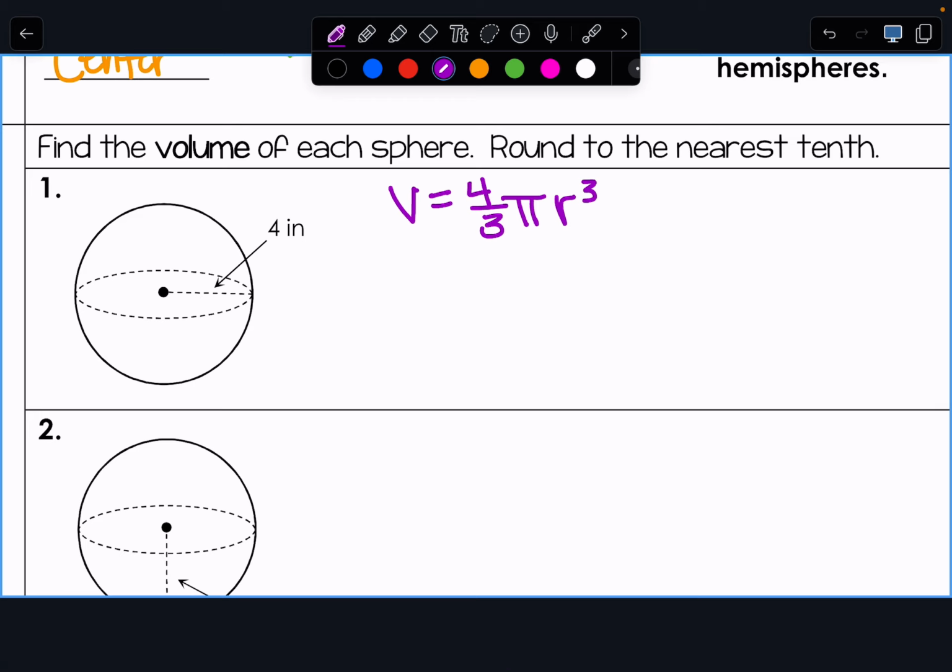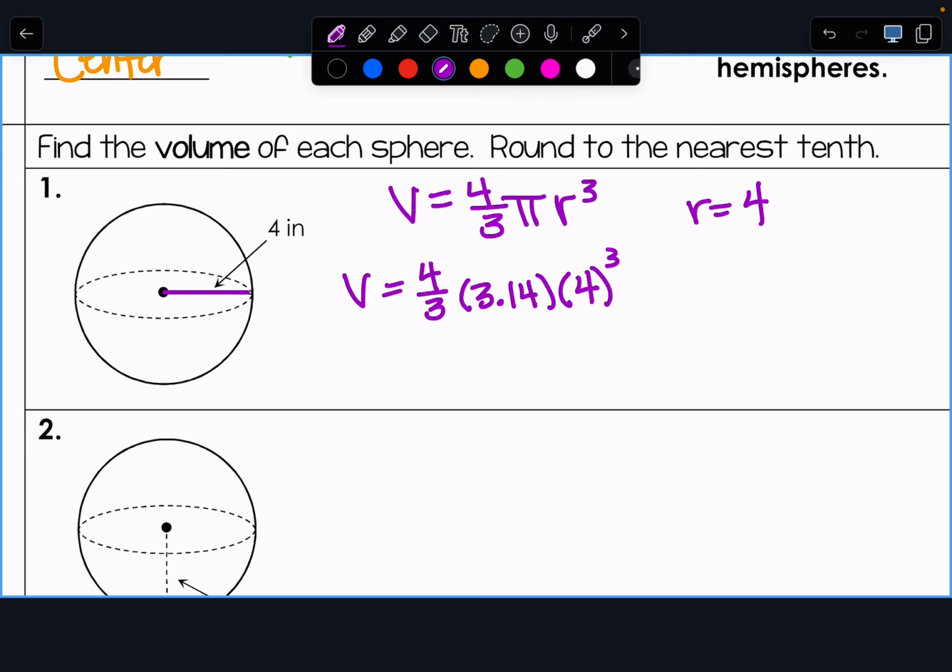What is the radius in number 1? 4. So my volume is 4/3 times 3.14 times 4 to the third.